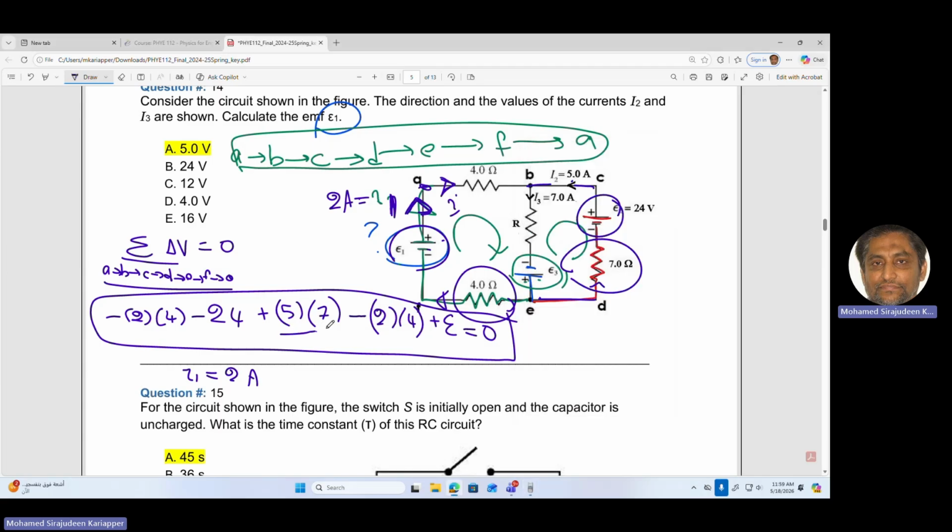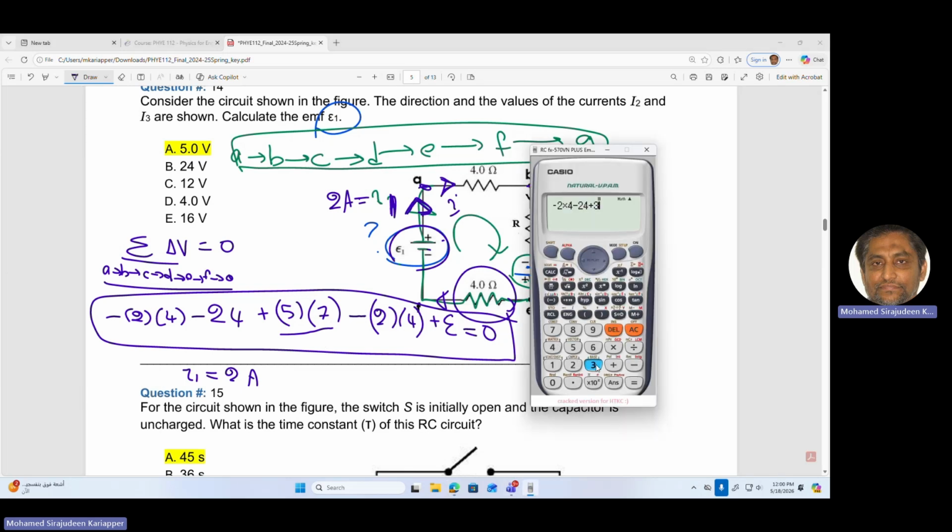You can do it in your mind. Anyone know what 5 into 7 is? 35. You can save time, just write 35. Minus 8, you don't have to do the multiplication manually. Plus x equals 0. That's it. Now you solve it. Shift, calc. This is not the answer, this is from the previous operation. 5. Okay.